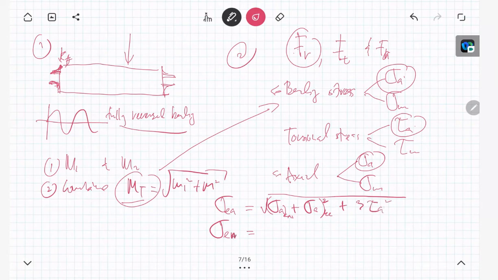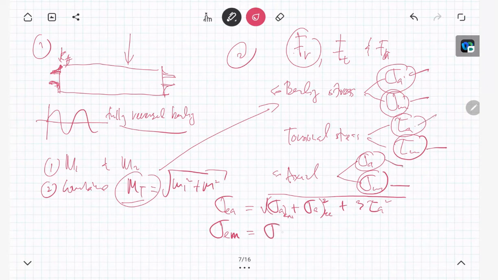This is the mean. For the sigma mean, kita gunakan maximum principal stress. Kita combine this mean and this mean and then this mean. Kita combinekan 3. Sama juga kita combinekan ini.